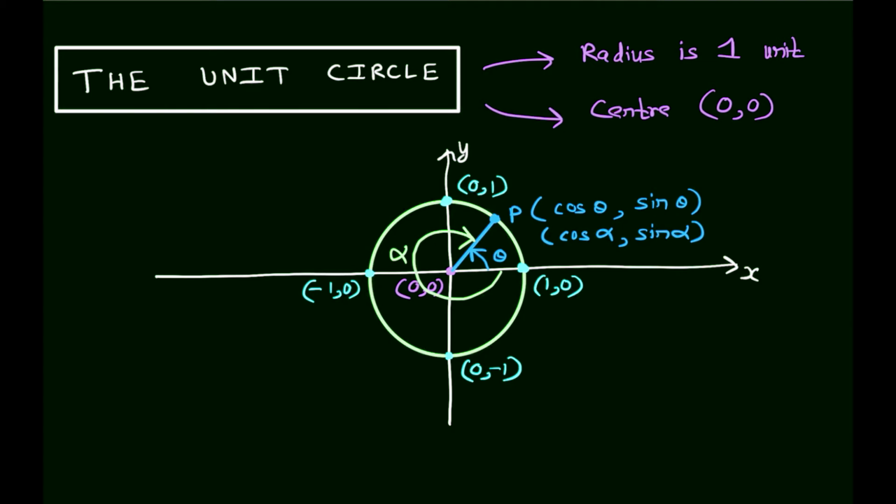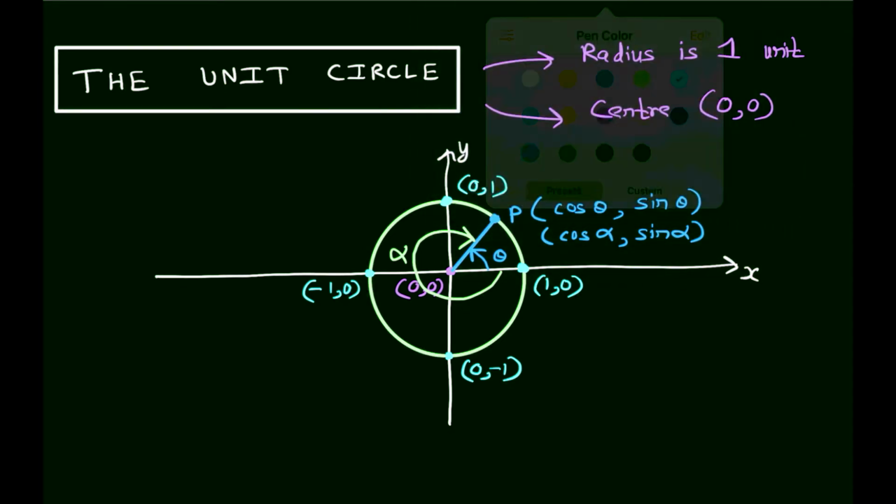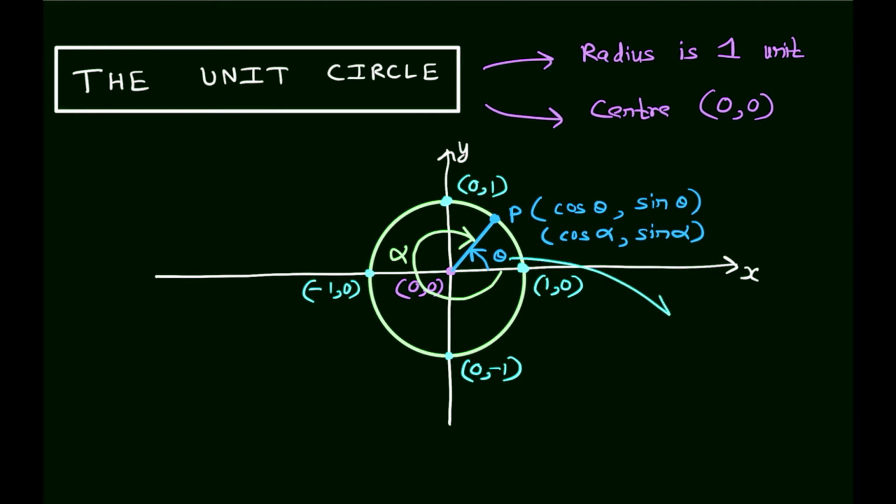Now, what is the difference between the anti-clockwise angle and the clockwise angle? Anti-clockwise angles are written as positive angles. So this angle theta over here is the anti-clockwise angle, and anti-clockwise angles are measured as positive.